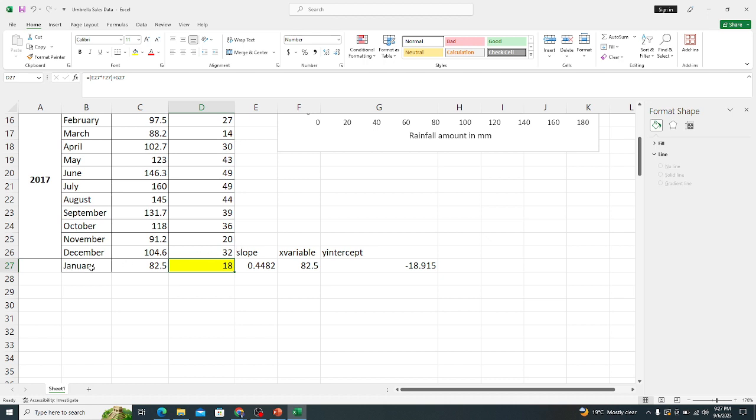Okay, so we are assuming that if the amount of rainfall in January is 82.5, then most probably we'll sell 18 umbrellas, or 15 to 20 umbrellas, plus or minus 5, because of the error term.